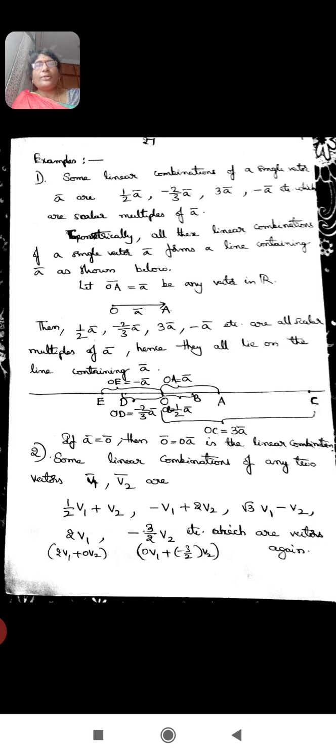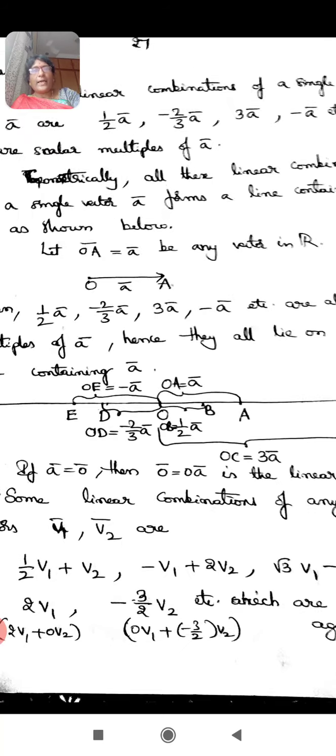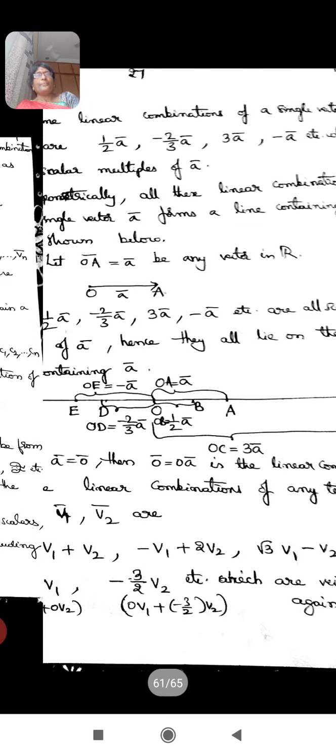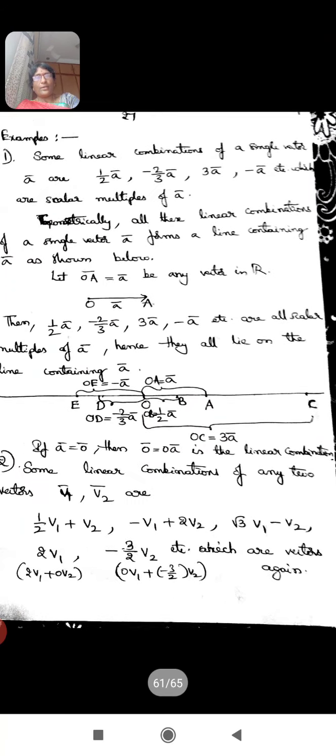Now I want to give some examples of these linear combinations. To start with, I am taking a single vector a bar, and the scalar multiples of the vector a bar I have taken as 1 by 2 a bar, minus 2 by 3 a bar, 3 a bar, minus a bar, etc. We know that these all are scalar multiples of a bar.